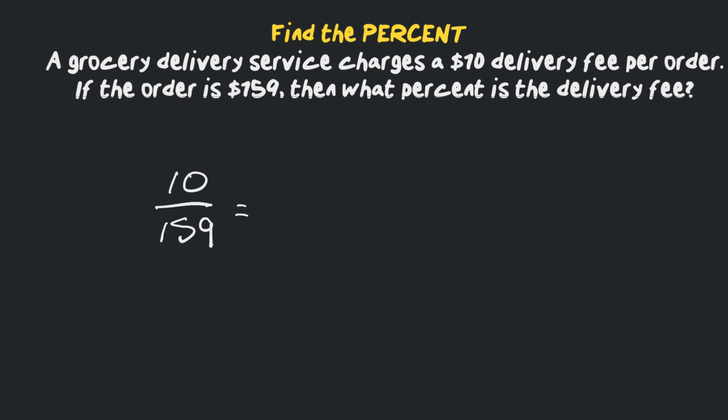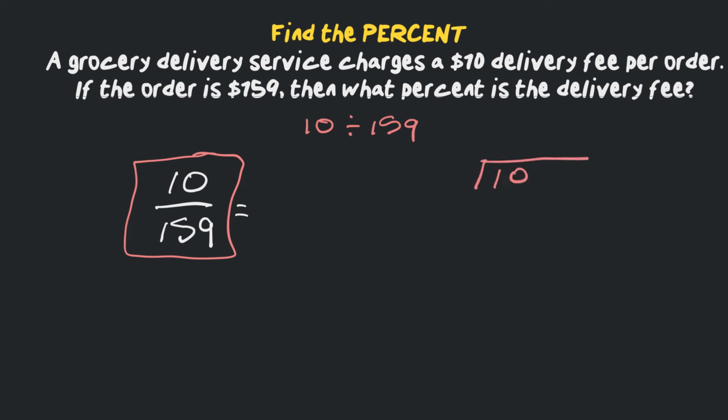Notice that if we wanted to, remember this is a division problem. 10 divided by 159. So what I would do is just add some zeros here. And we're going to see how many times 159 goes into 10.